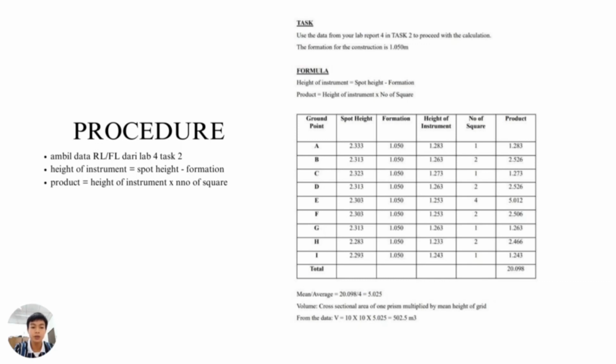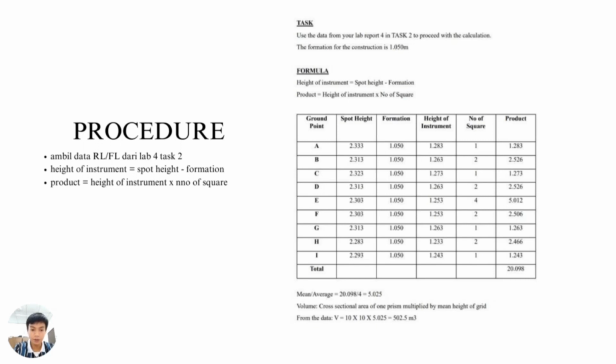Then we calculate the volume by multiplying the cross-sectional area of one prism by the mean height of the grid. In this case, the cross-sectional area is 8 meters and the mean height is 1.435 meters.